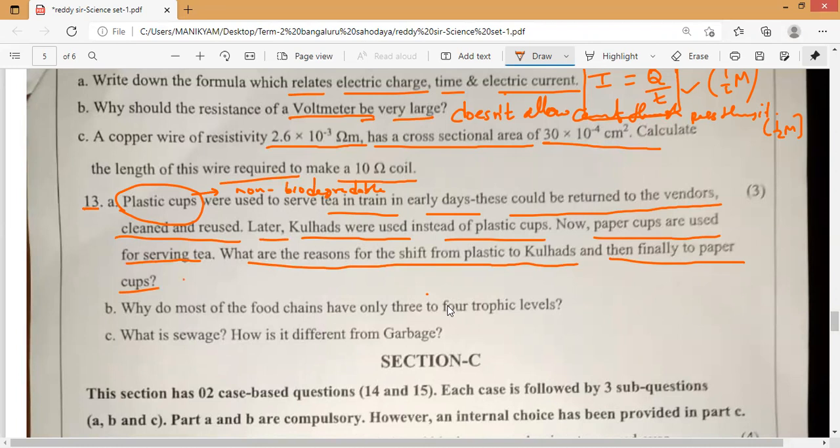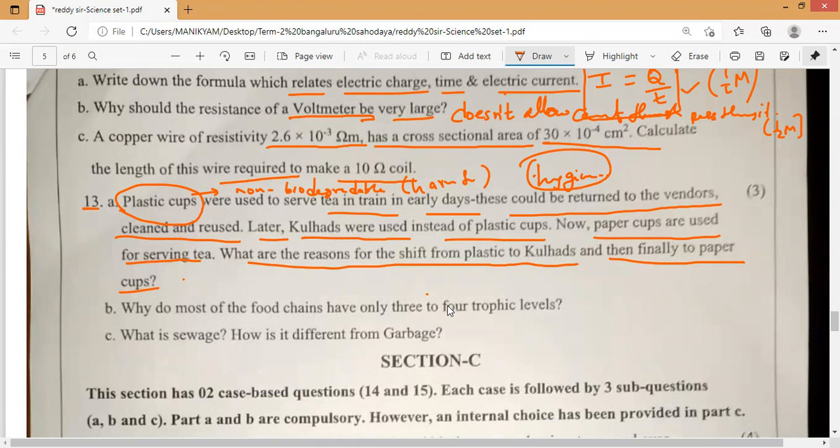Why are we not using plastic cups? Not hygienic. Yeah, very good. Hygiene is a problem. That is the reason plastic cups are not used: they are harmful to the environment or our ecosystem because they are non-biodegradable, and vendors do not maintain proper hygiene. So that is why we shifted to kuldas.